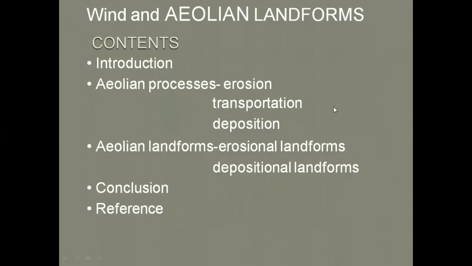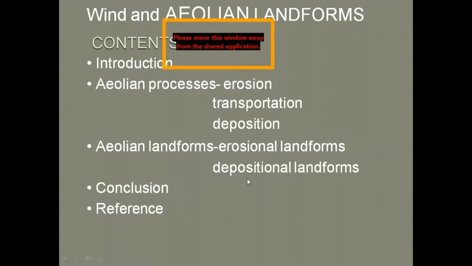So we have already covered glaciers, and today we will turn towards the Aeolian landforms. In Aeolian landforms, we will try to start with some of the Aeolian processes, and then come up with the Aeolian landforms. That includes erosional landforms, depositional landforms, conclusions, and references.